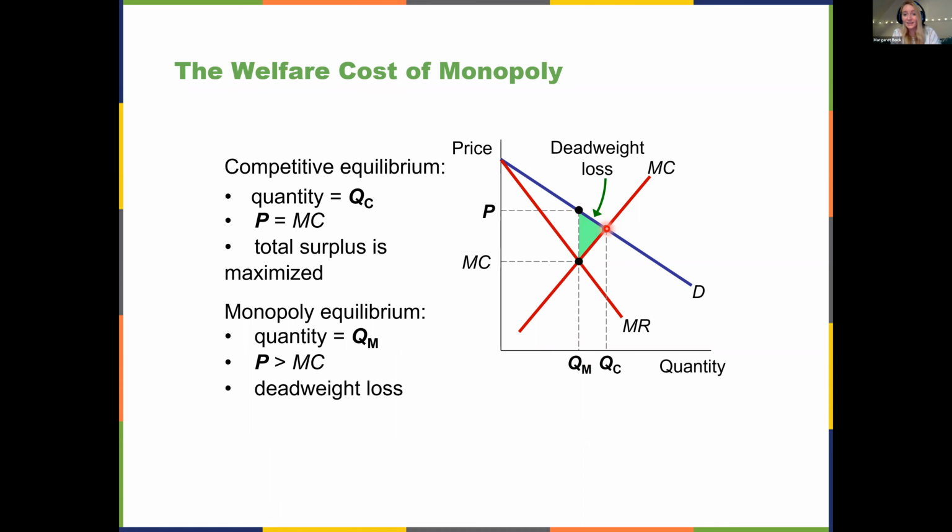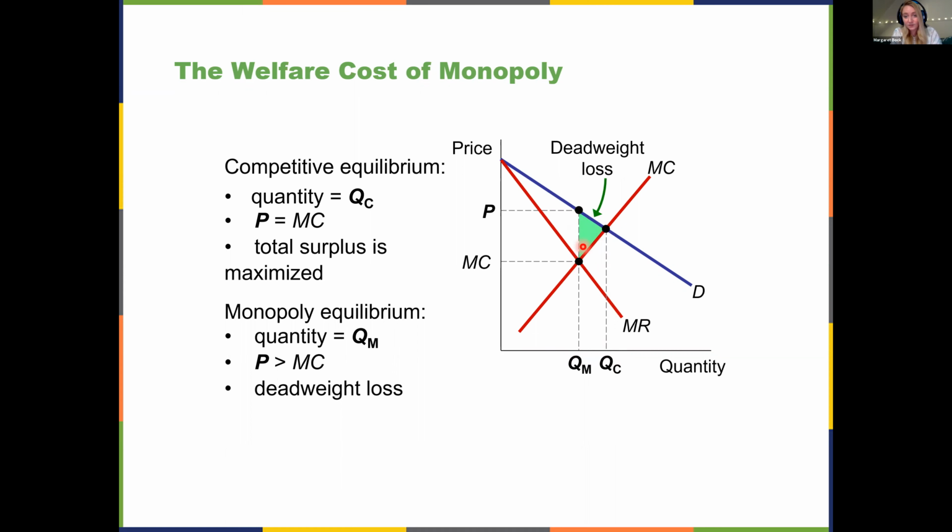So basically, the height of the triangle represents the fact that there are these people on this part of the demand curve that no longer get to even have the chance to consume the product. Not enough of the product is made for everyone who wants it to buy it, if we're comparing perfect competition and monopoly.